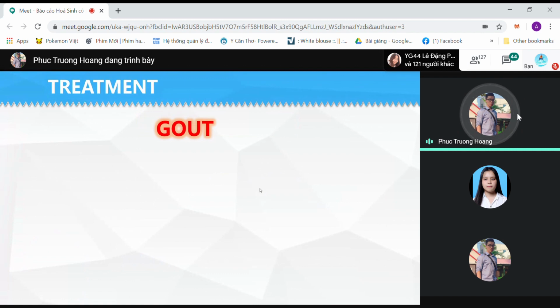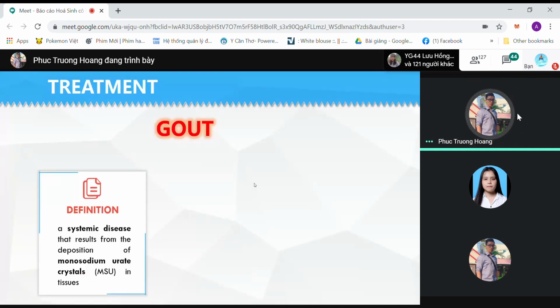The last one is gout. So what is gout? Gout is a systemic disease that results from the deposition of monosodium urate crystals in tissue. So why are they deposited?